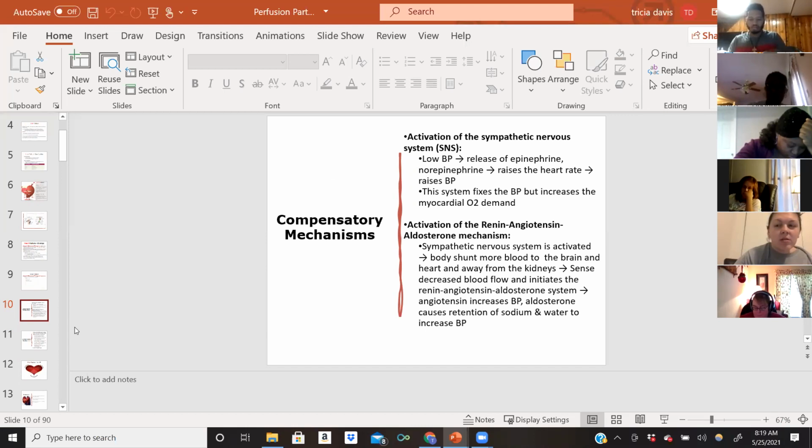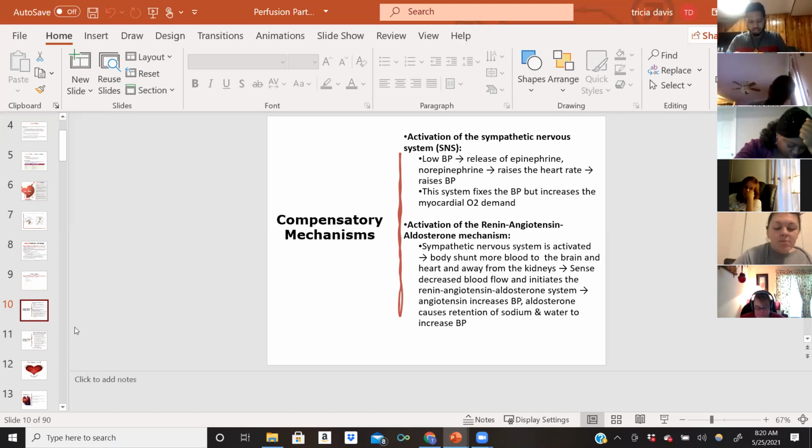So just like other body parts, we have compensatory mechanisms in the heart that will step in to try and fix issues with the heart when it's not pumping effectively. One of the first systems that we will see activated is the sympathetic nervous system.